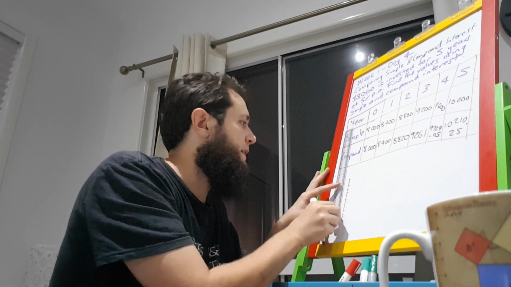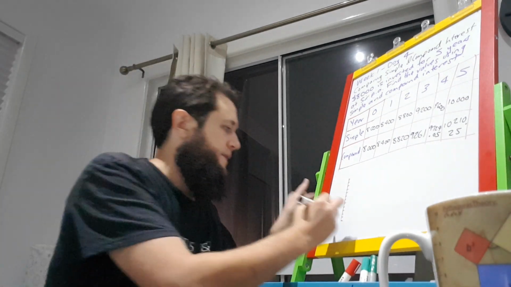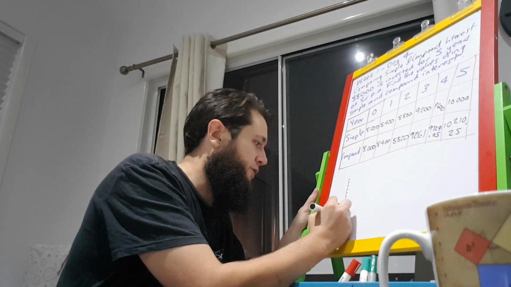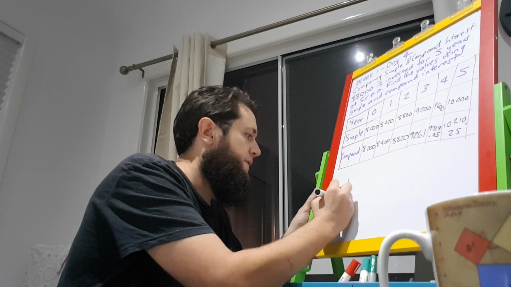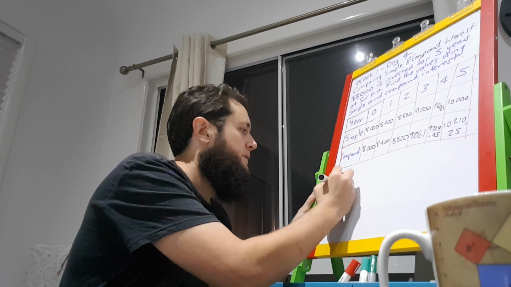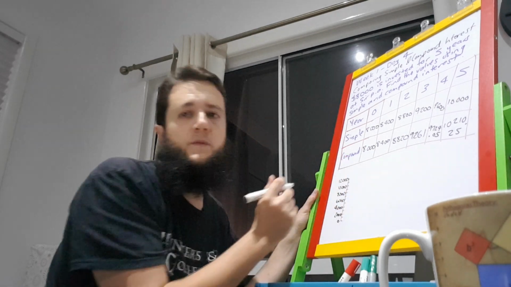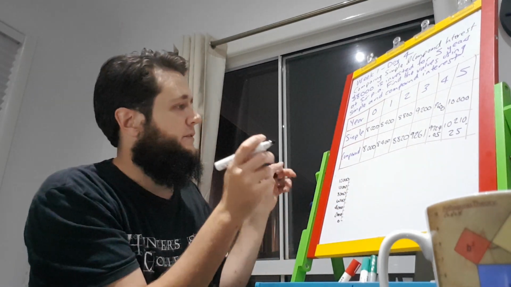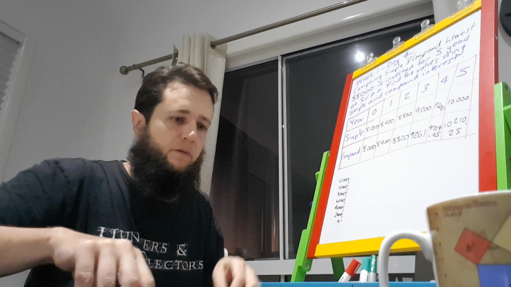I'm aiming at it being 1,000 between each value there. So we're going to go up from 0 to 2,000 to 4,000, 6,000, 8,000, 10,000 and 12,000. All right. So the x-axis is year, the y-axis is the value.